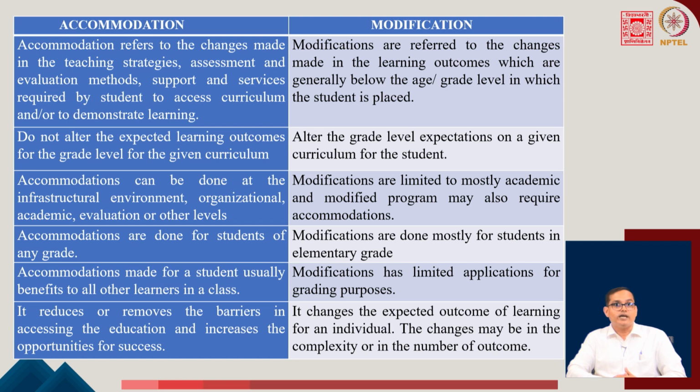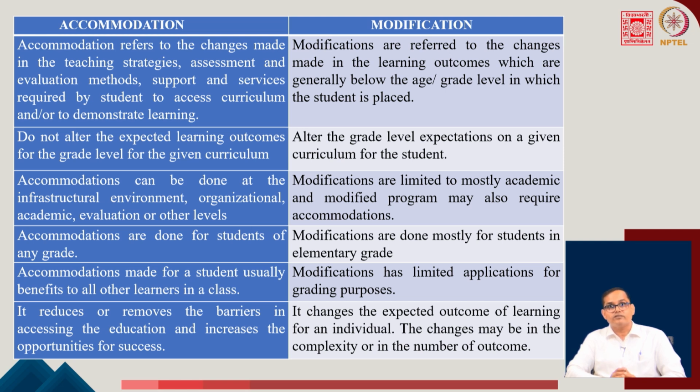Accommodations can be done at the infrastructural, environmental, organizational, academic, evaluation or other levels, whereas modifications are limited to mostly academic, and a modified program may also require accommodations. Accommodations are done for a student of any grade, whereas modifications are done mostly for a student in the elementary grade. Accommodations made for a student usually benefit all other learners in the class.